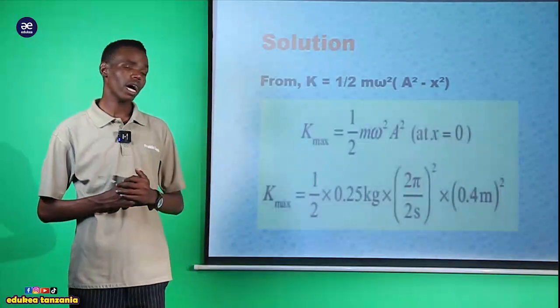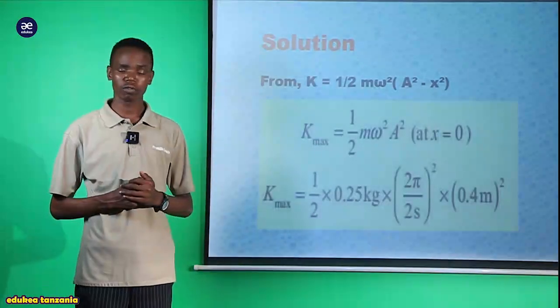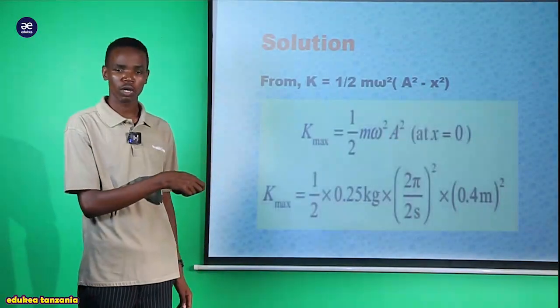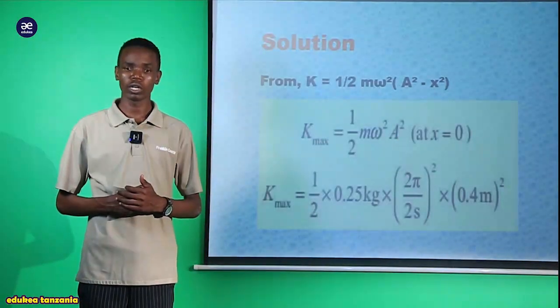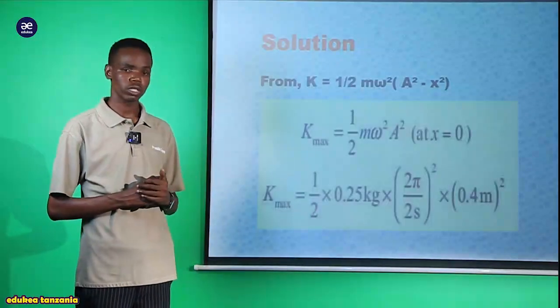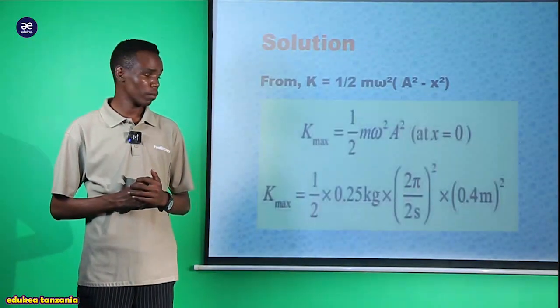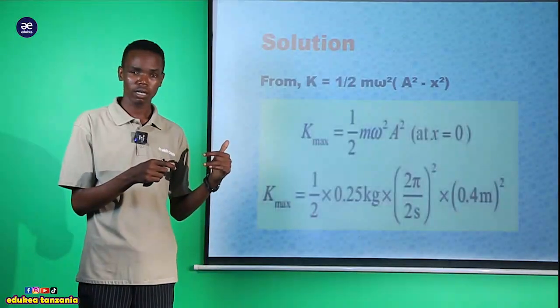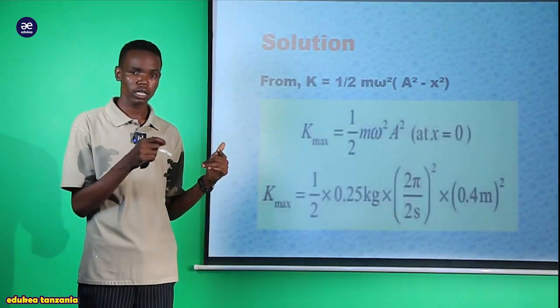Then we multiply by the amplitude, which we have been given in our question, equal to 0.4 meter. Place it, omit the amplitude symbol, and leave the square.